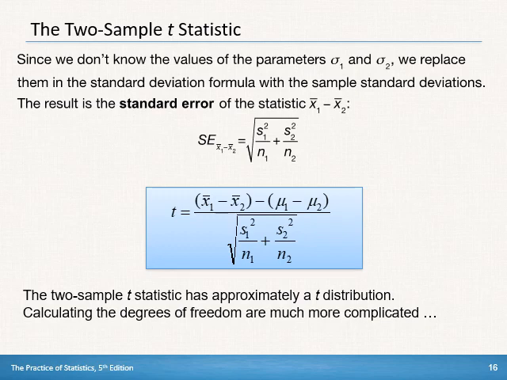So we also need to think about the degrees of freedom. Before, the degrees of freedom was just n minus 1, but now we have two different sample sizes, so the degrees of freedom is much more complicated.